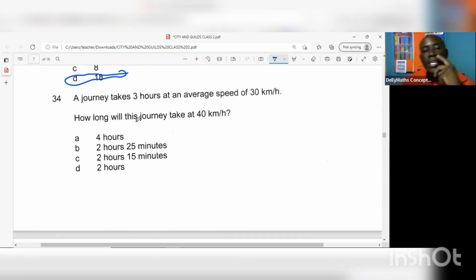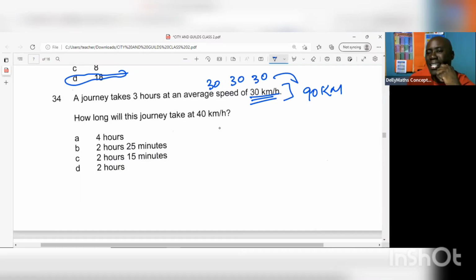A journey takes 3 hours at an average speed of 30 kilometers per hour. Look at this. The distance here is 90 kilometers because every hour we're doing 30 and we did it 3 times. So 30, then 30 for the next hour, 30 for the next hour. That's 90 kilometers in that time. How long will it take at 40?